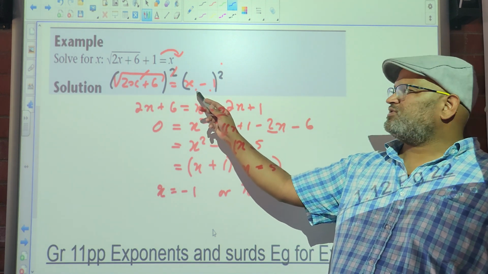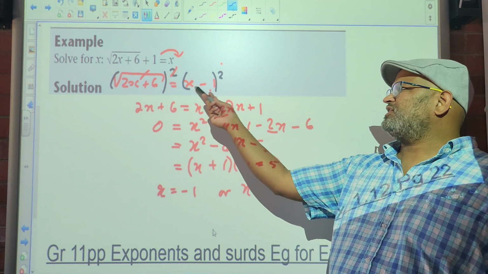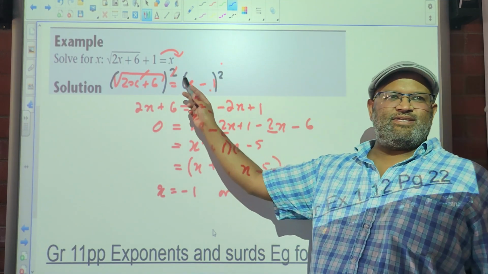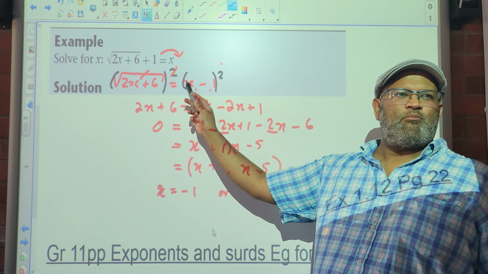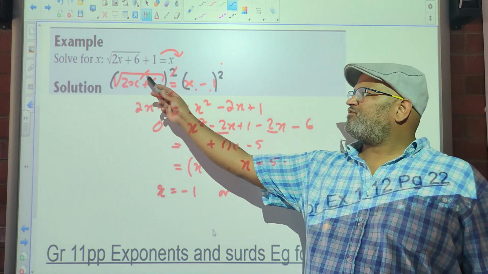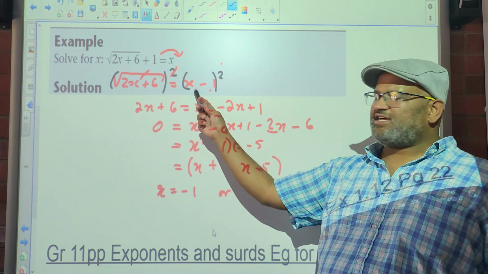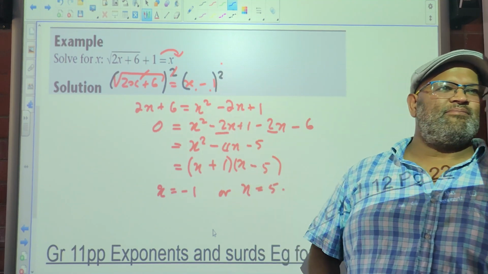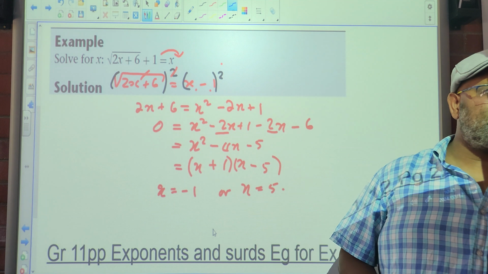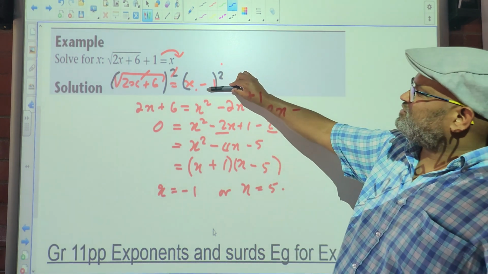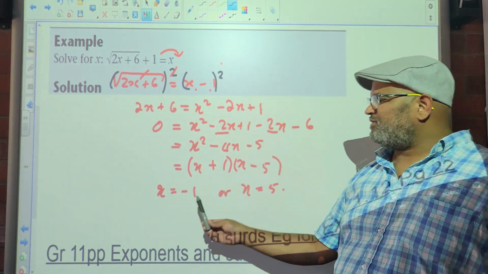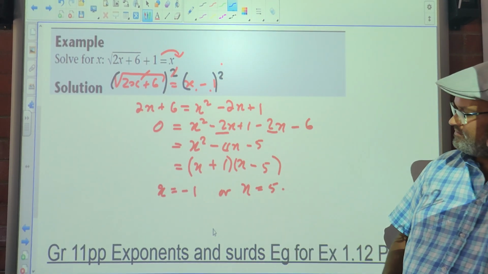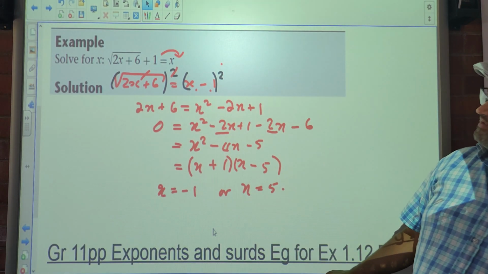If x is 0, then 0 minus 1 is negative 1. Can you see here? There's a condition that needs to be met: this number must be positive. Moving from a negative state, by squaring it, it becomes positive. Going from a false state to a true state, that is why we need to check if our solutions actually work.